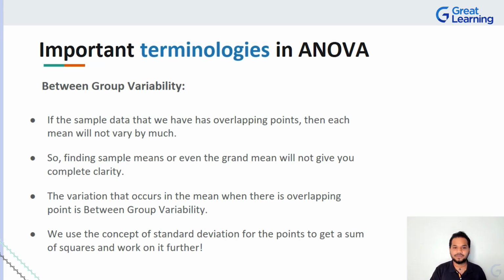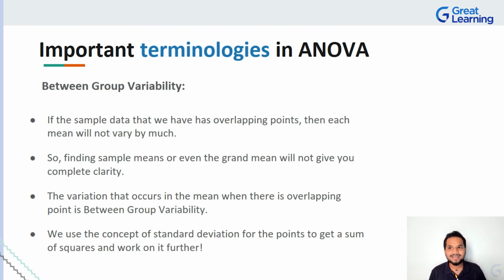That's the first thing that you have to understand. So finding your sample means or even something such as a grand mean will not make sense, because if all your sample means are similar, your grand mean will be one big number which is again pretty similar. So it will not give you the in-depth clarity that you require.